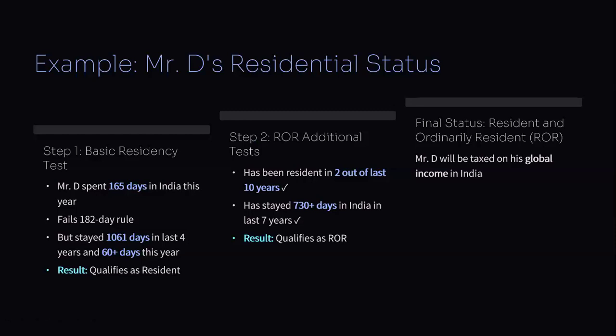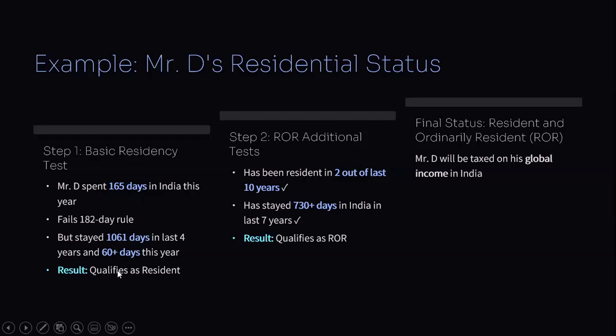Now take the example. Mr. D spent 165 days in India. He fails the 182 day rule, but he stayed 1000 days in the last 4 years and 60 days in this year. So he is not completing the first condition, but he is completing the second dual conditions.